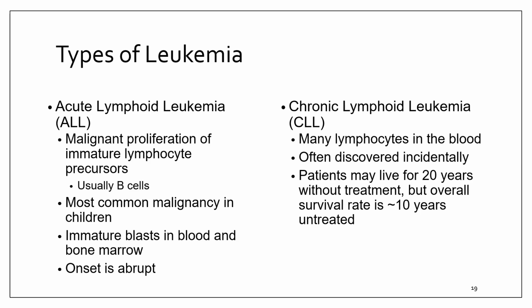In ALL, you'll see large numbers of lymphoblasts, high nuclear to cytoplasmic ratio, fine chromatin, inconspicuous nucleoli, scant basophilic cytoplasm. In the marrow, blasts crowd out normal hematopoiesis, fat spaces disappear, and everything starts looking very blue. In the blood, circulating blasts appear early.